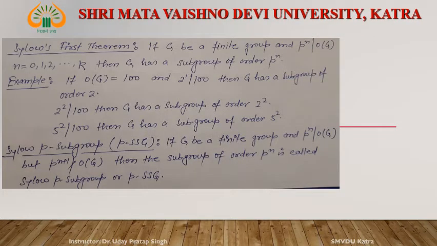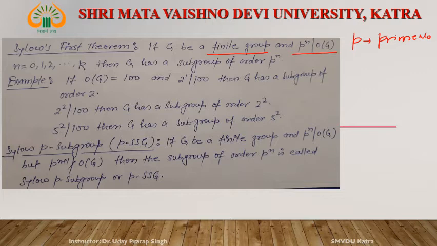Let us see Sylow first theorem. If G is a finite group, remember that G is finite, and p to the power n divides the order of G, where p is a prime number, then G has a subgroup of order p to the power n.